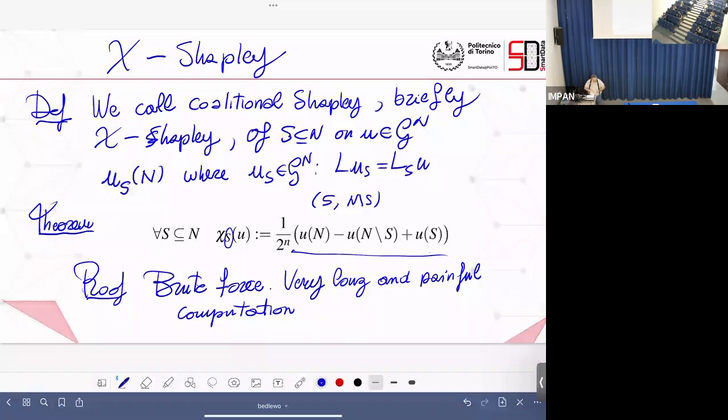In general, you can take a quotient game by listing a subset, and even better if it is a partition, like in this case, and you obtain a new game. If you compute the original Shapley value for this quotient game, you get exactly this.